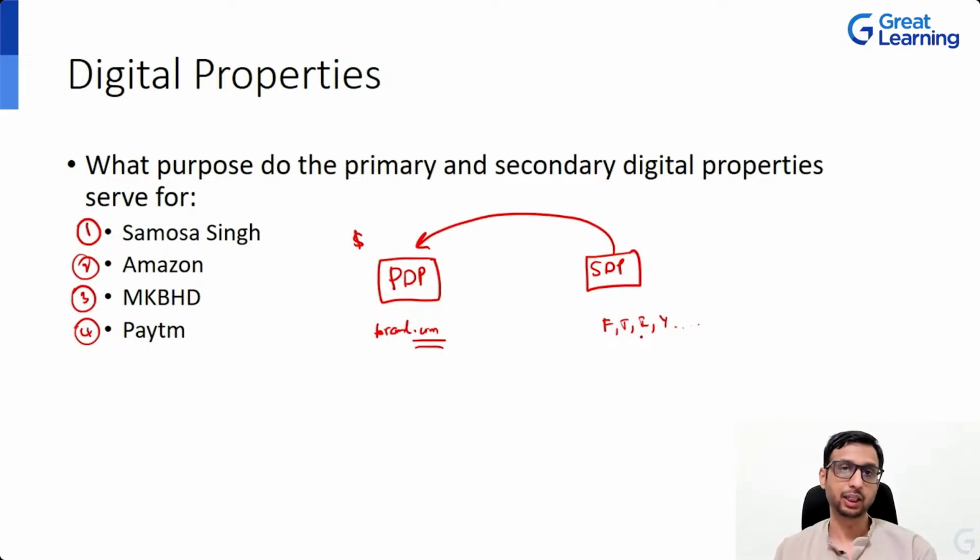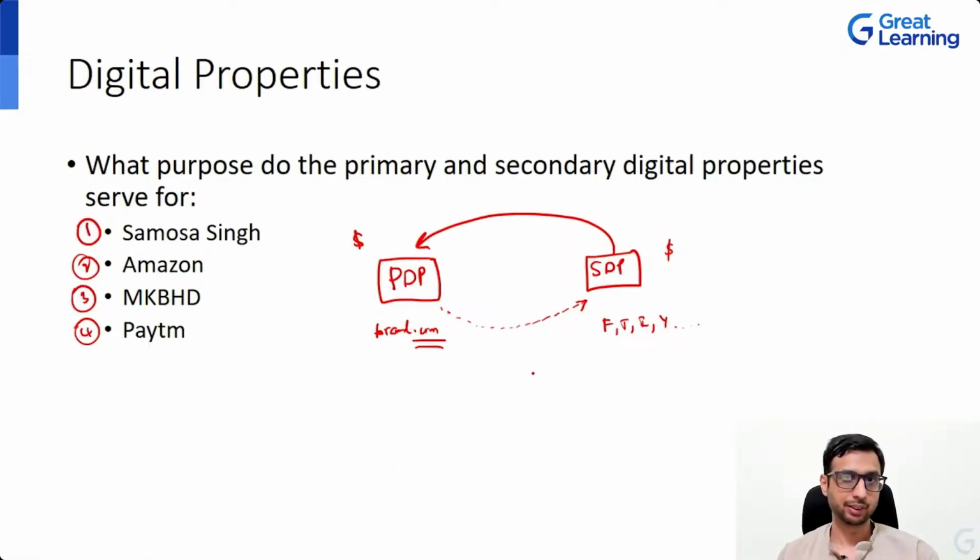And like we saw in each of these secondary digital properties, there is a clear link back to the primary digital property. The link from the primary to the secondary digital property is not so strong, unless, like Marcus Brownlee, you're making money over there. But this is a very clear pattern that emerged in our exploration of the primary and secondary digital properties.